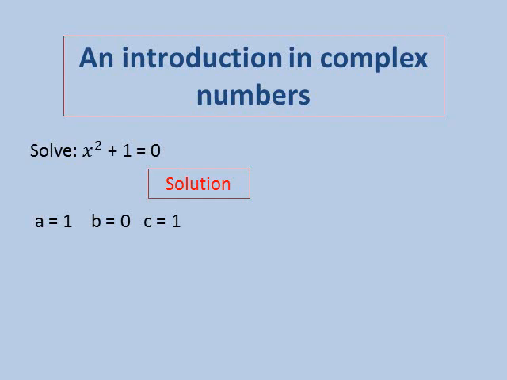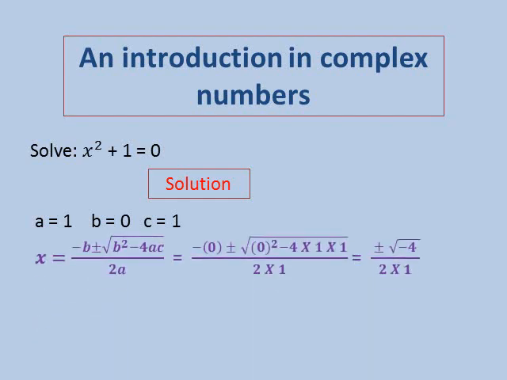By using the general formula, x = (-0 ± √(0² - 4·1·1)) / (2·1). So x will be ± √(-4) / 2. Till step 3, we say that the solution set is empty.